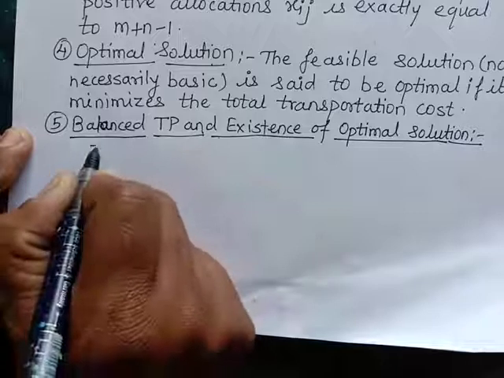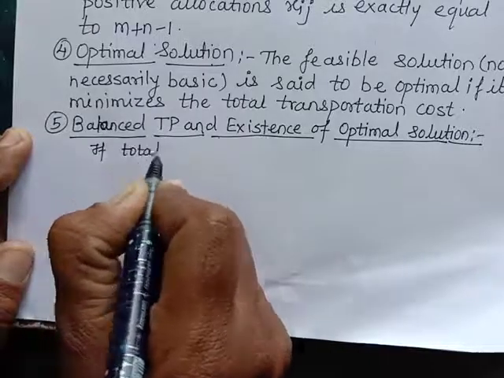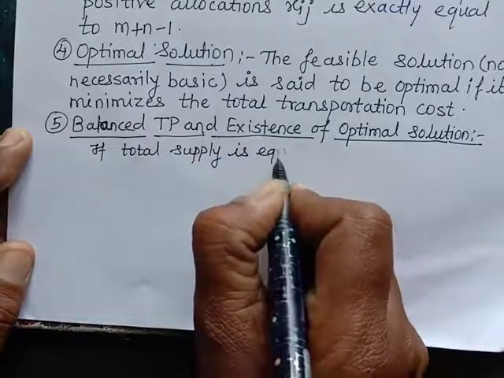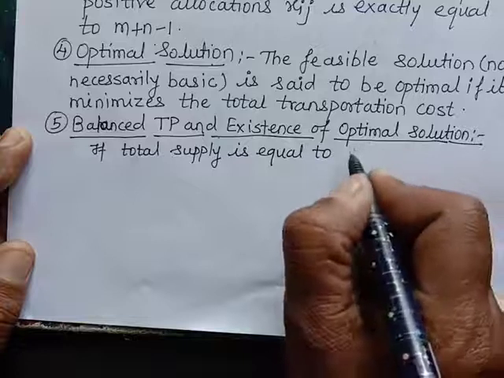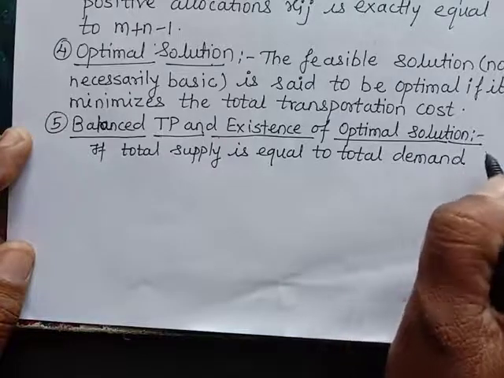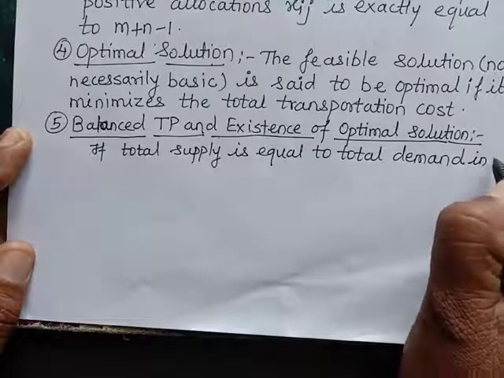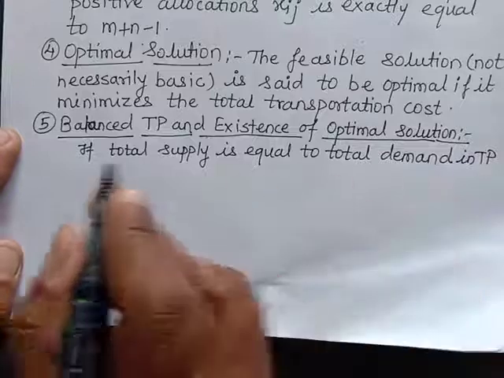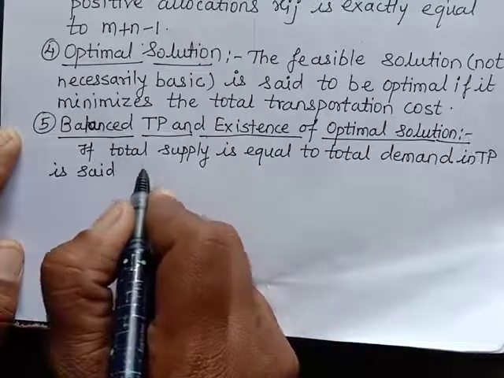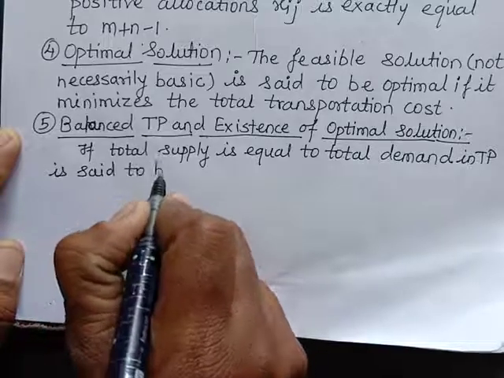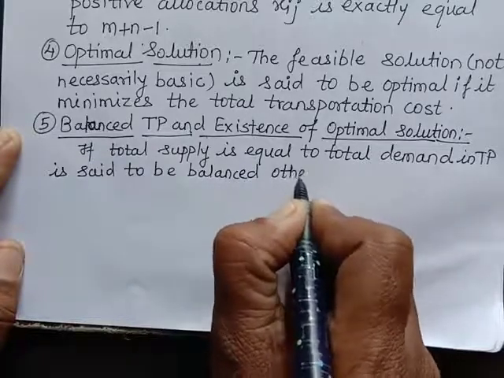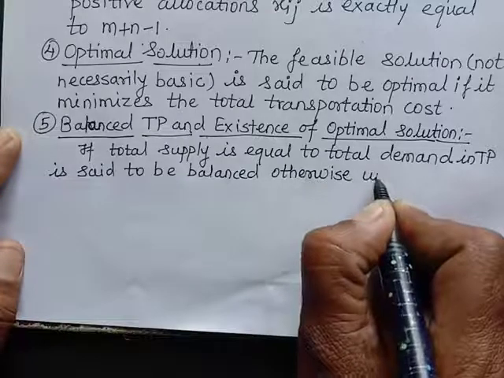If total supply is equal to total demand in a TP, it is said to be balanced. Otherwise, unbalanced.